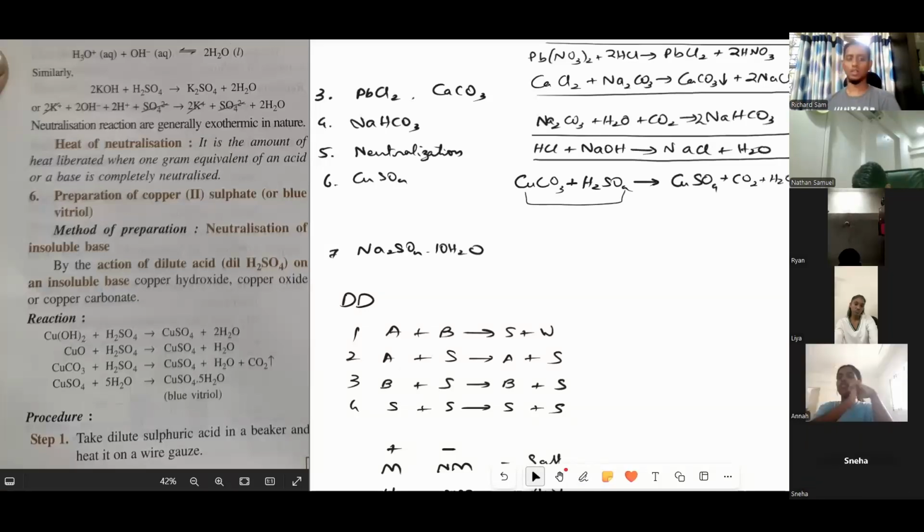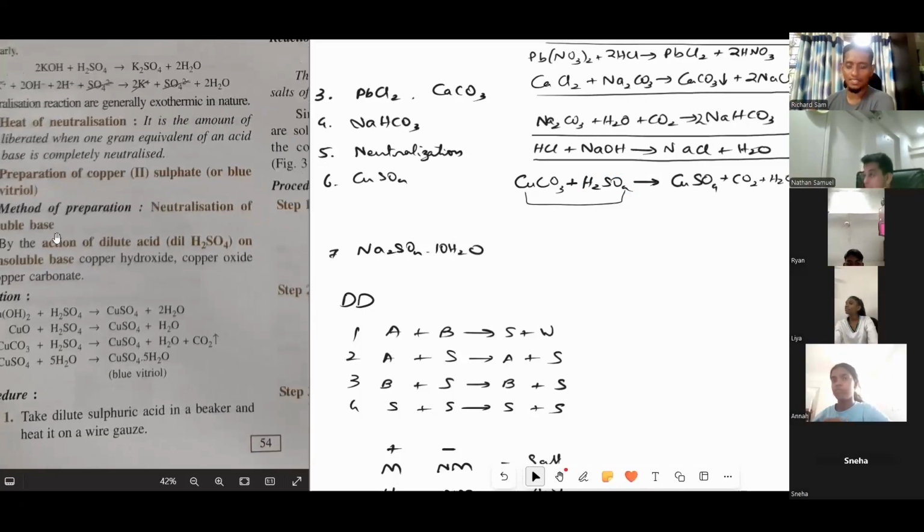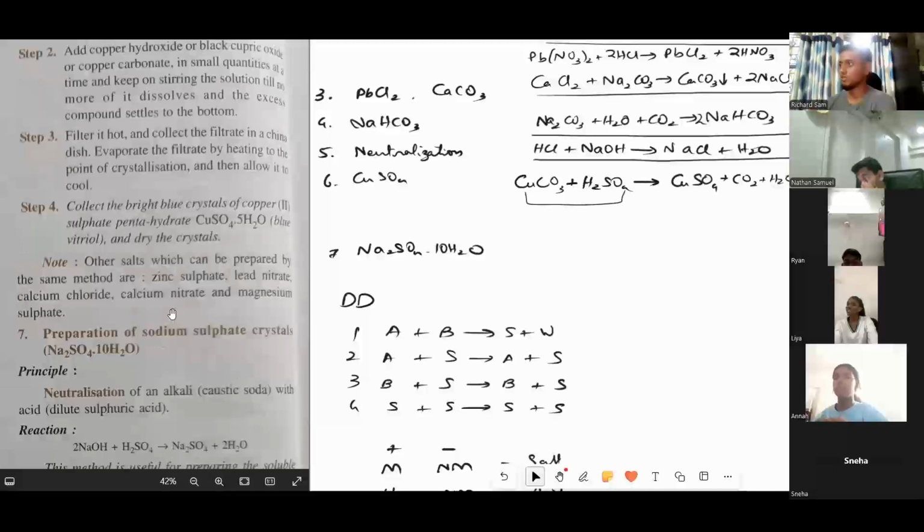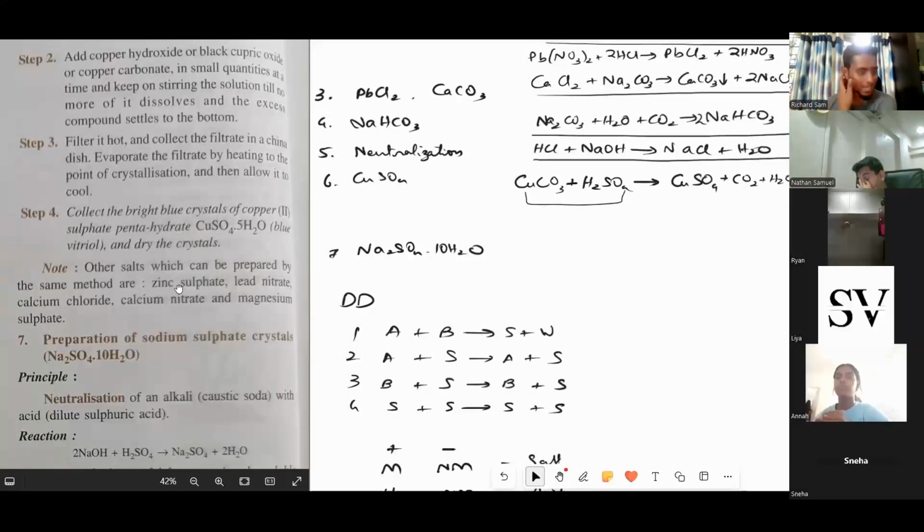Now, how does the reaction take place? First, you take sulfuric acid in a beaker. Imagine it, we don't have a lab here. Heat it on a wire gauze, so put a stand and heat it.